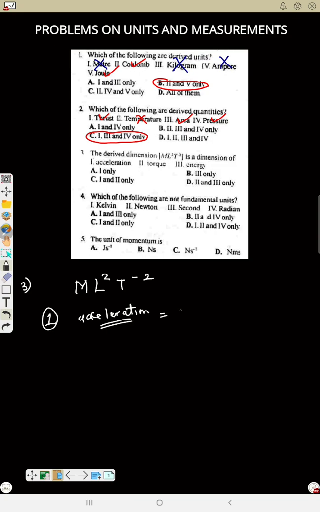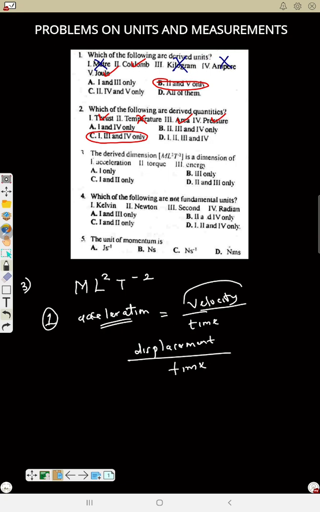Acceleration is velocity over time, and we have known that velocity is displacement over time. So velocity itself is displacement over time, also divided by time.